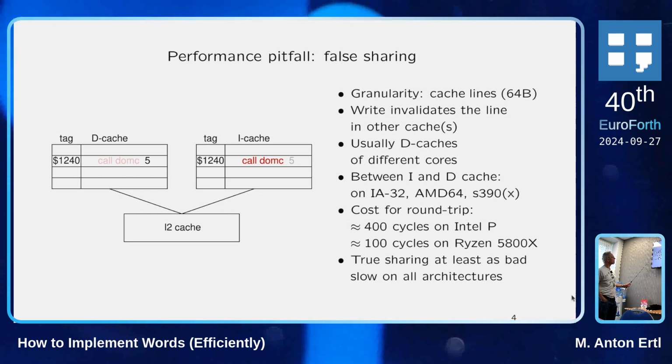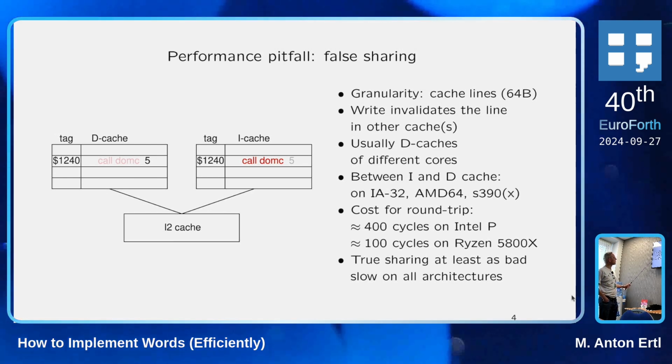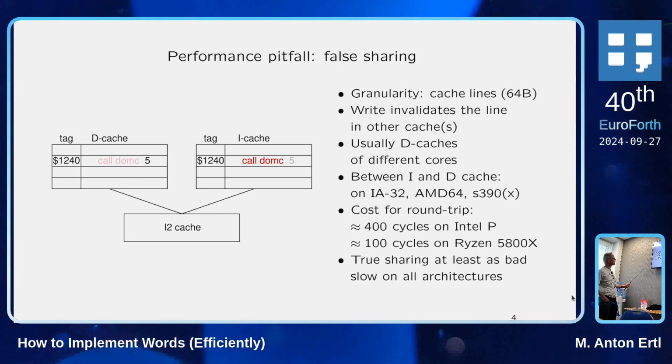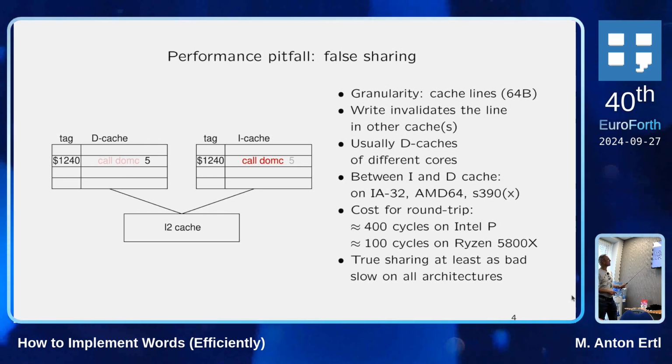So when you do a call, on say AMD64, it pushes the return address R on the CPU stack. And there's also, in the hardware, an additional structure called the return address stack, which is used for branch prediction.